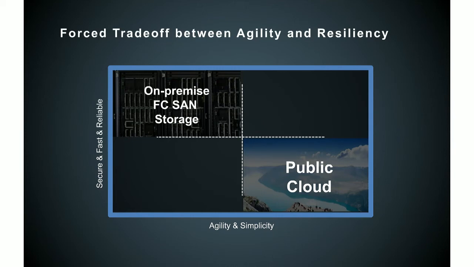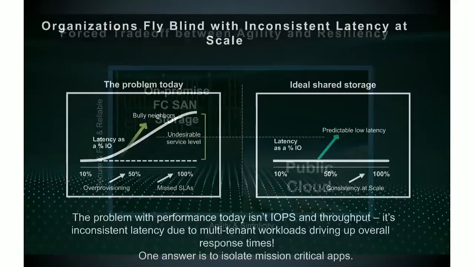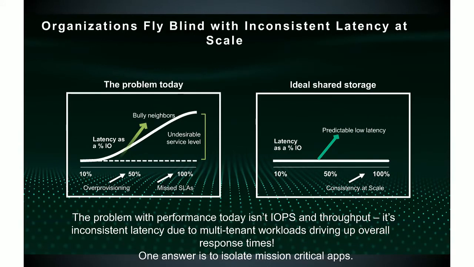So what we've started to see in the last couple of years is that organizations were flying blind with regard to inconsistent latency at scale, right? They weren't really sure what tenants they were competing with for the same data center resources at any given time. So it became unpredictable, right? Latency could not be controlled directly.